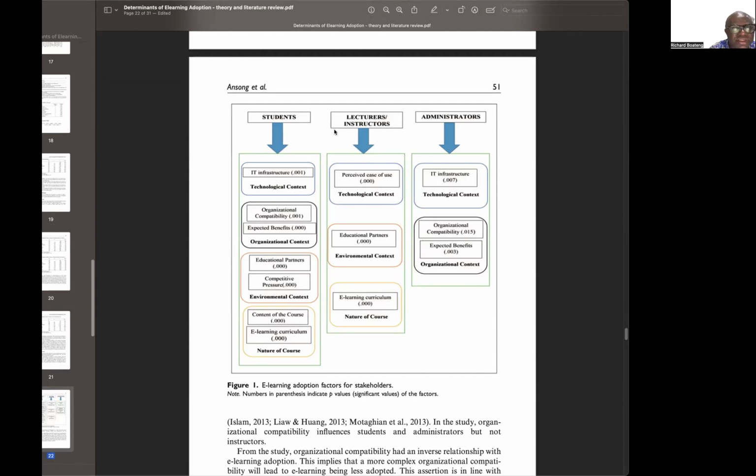For the lecturers, the ease of use of the technology, the educational partners, and the curriculum itself was a challenge. And with administrators, the IT infrastructure is one, and the compatibility and expected benefits are two. This is what guided the study, and it was based on this framework.